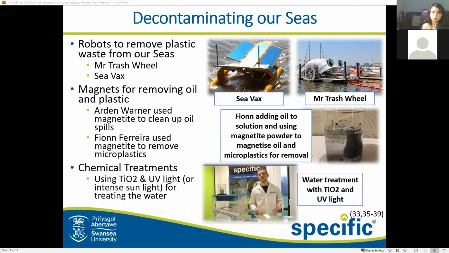In this example, the titanium dioxide is coated onto a glass fiber sheet. And then when subjected to UV light, it will promote the titanium dioxide nanoparticles to a higher energy state. So for those of you who saw my batteries talk, or if you haven't, check it out later, it enables them to react in a similar way and excites them to a higher energy state.